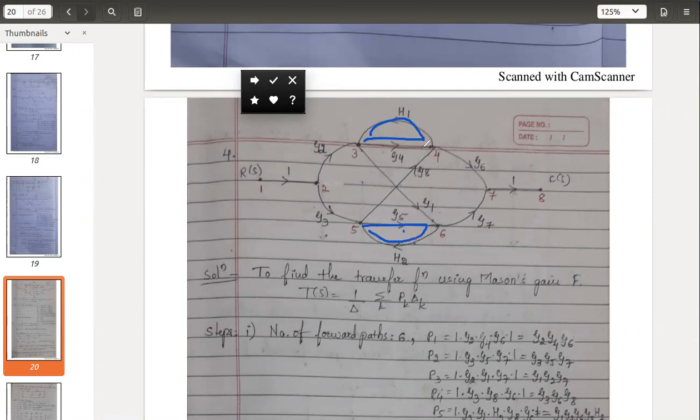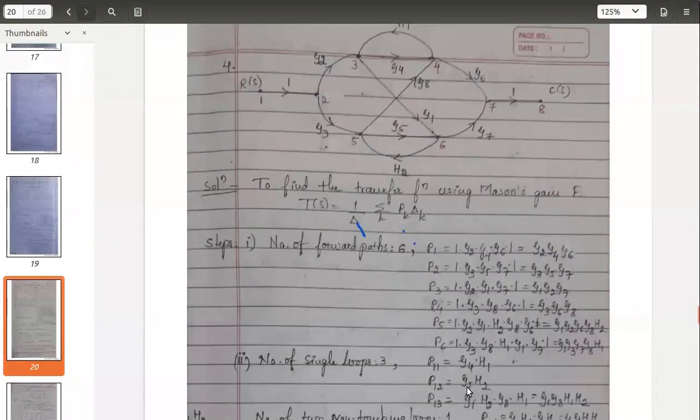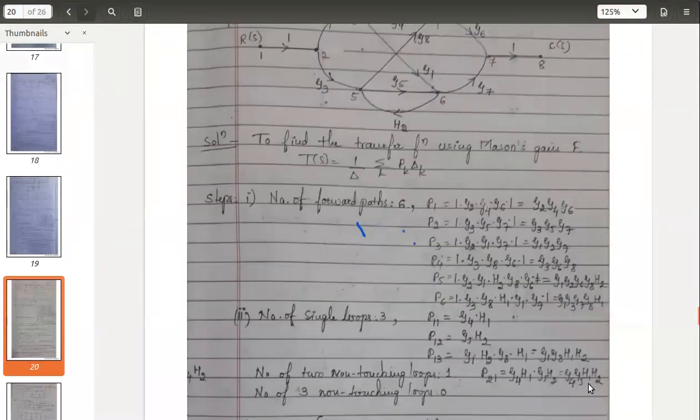If you take the 8 structure like this, it is touching, so don't consider it. You simply consider these 2 which are non-touching. Take their multiplication, H1 into G4, then G5 into H2. Altogether you multiply, you will get the term G4, G5, H1, H2.